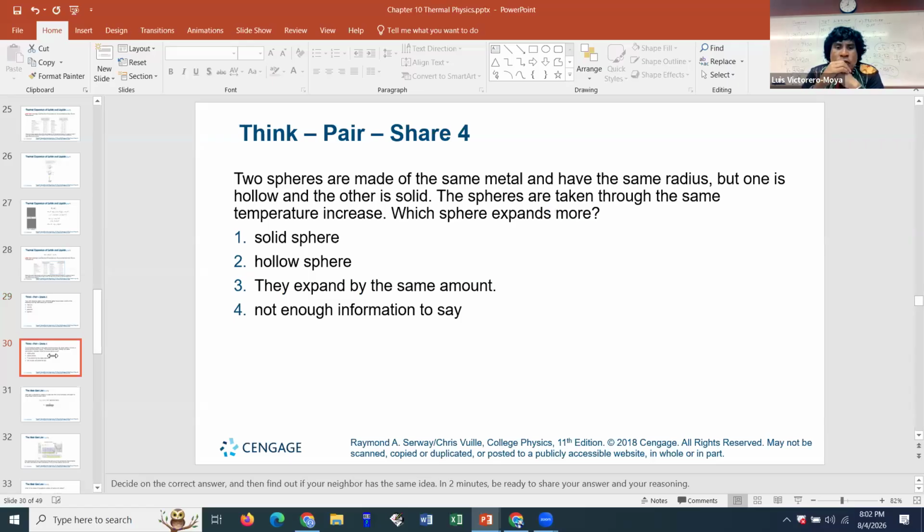What about that? If you have two spheres made of the same metal, the same radius, one is hollow, one is solid, the same material though, which sphere expands more?